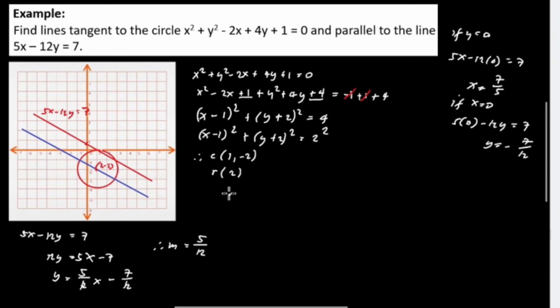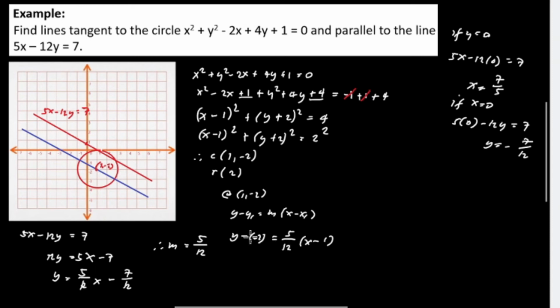Using the point (1, -2), we have the equation y minus y1 equals m times x minus x1, where m is the slope, which is parallel to the line 5x minus 12y equals 7, or 5 over 12. So y minus negative 2 is equal to 5 over 12 times x minus 1.